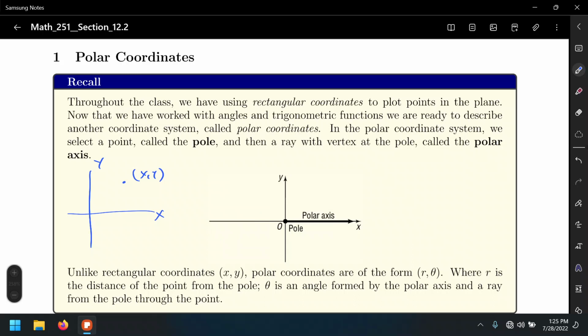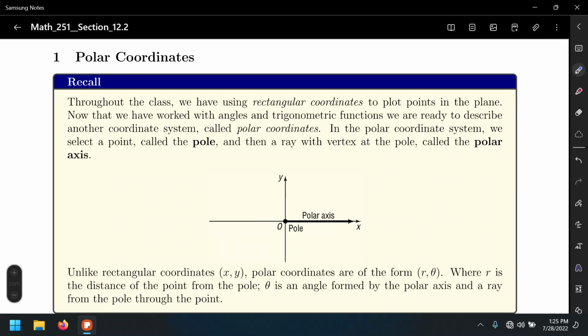Now, for the polar system, however, yes, the axes are going to look rectangular. However, in this case, we're not going to plot X and Y, but we are going to plot in terms of a radius and an angle.